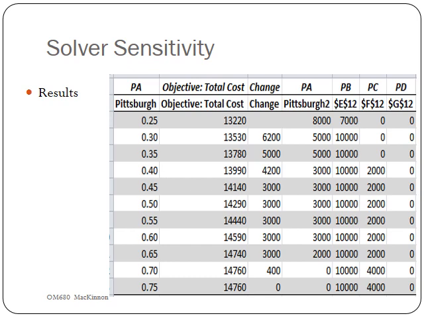From 25 cents to 70 cents, we can see how the objective changes. Obviously, as the cost per mile goes up, our total cost goes up as well. That makes sense. We'll talk about some of these other parameters, but right now we're just going to focus on these two.